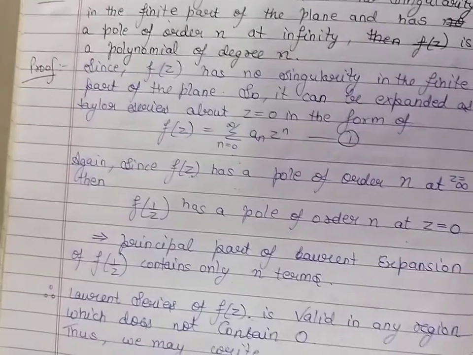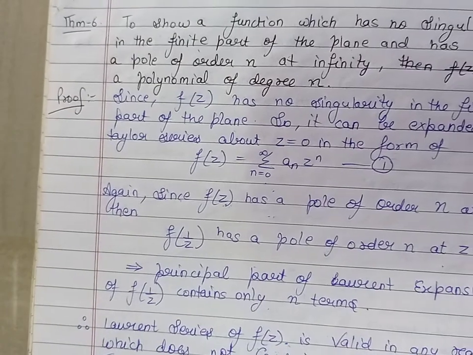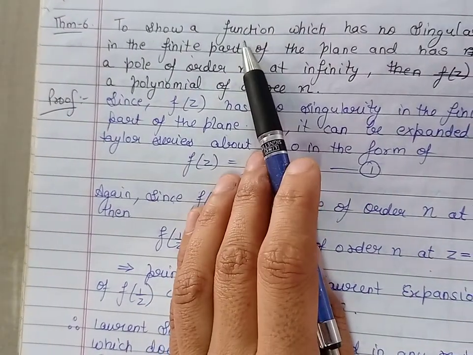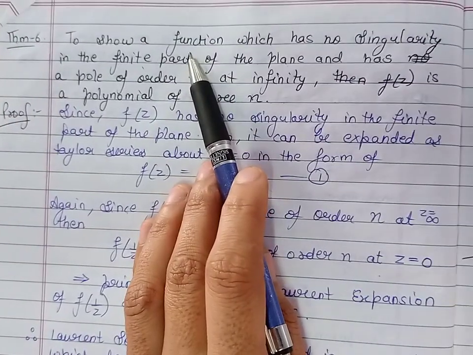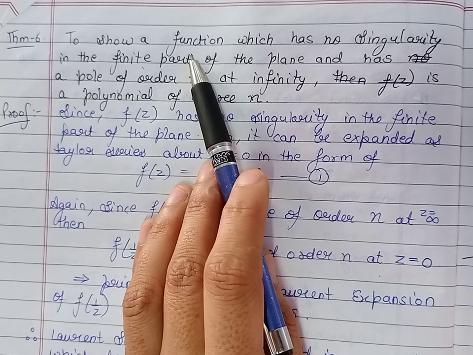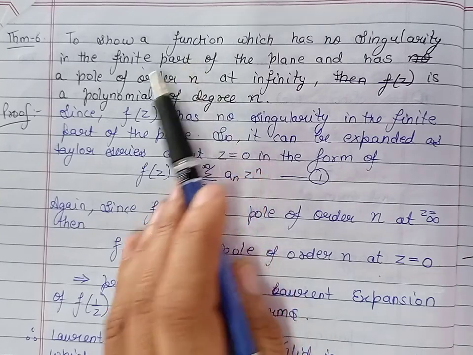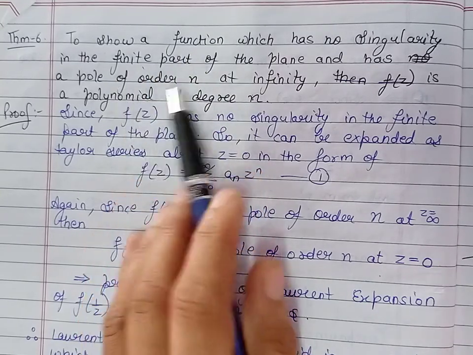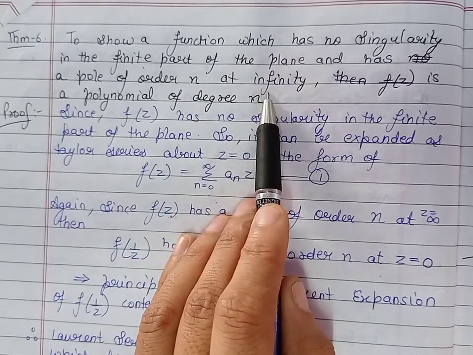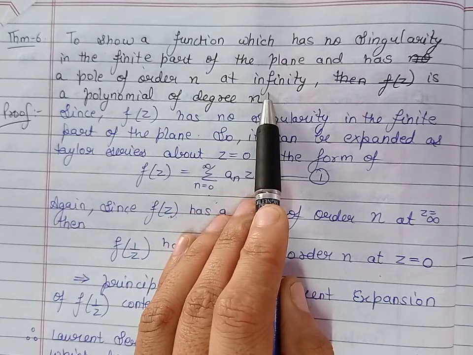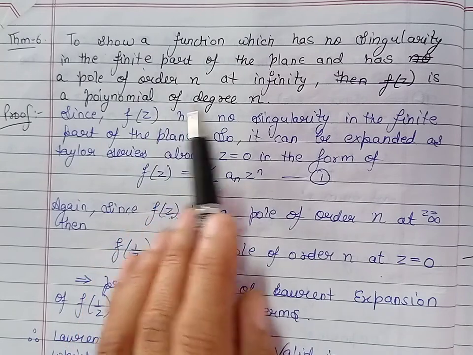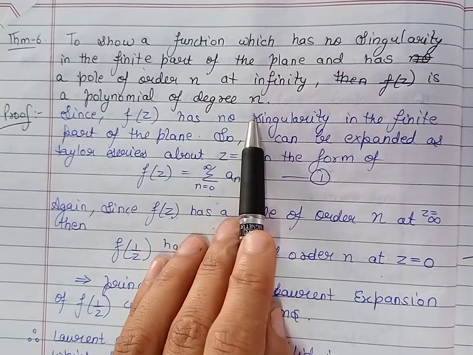Now in the next theorem we show that a function which has no singularity in the finite part of the complex plane and has a pole of order n at infinity is a polynomial of degree n.